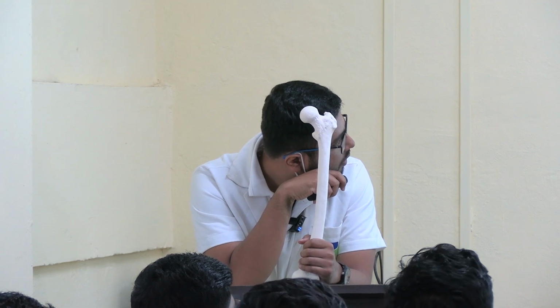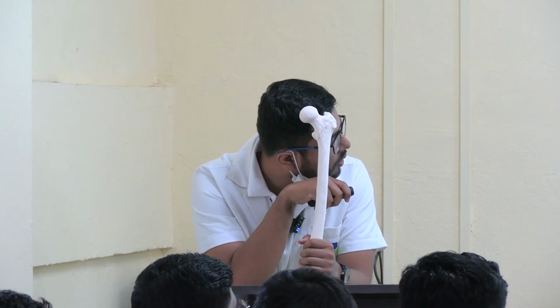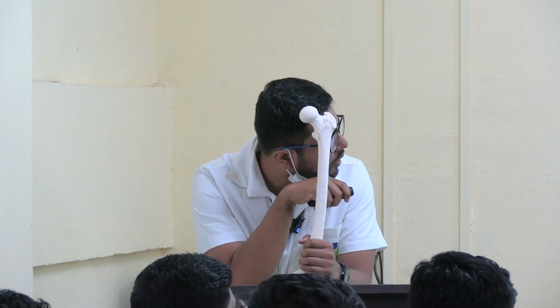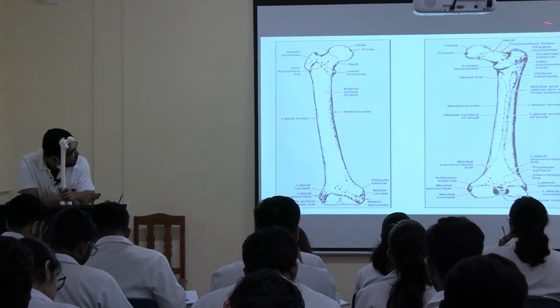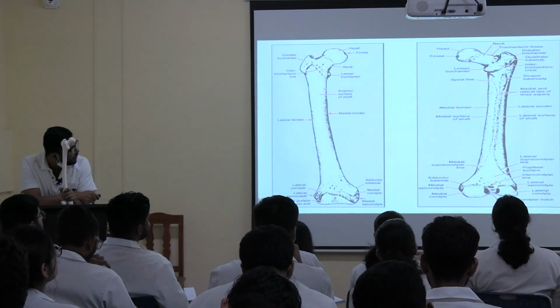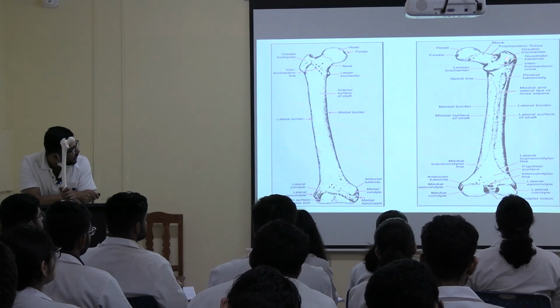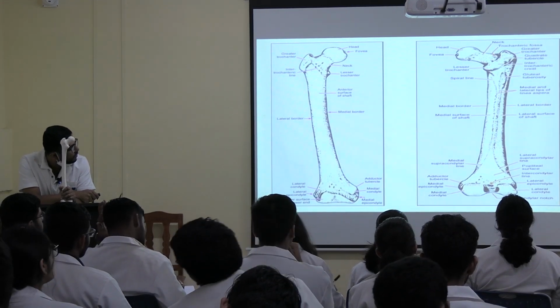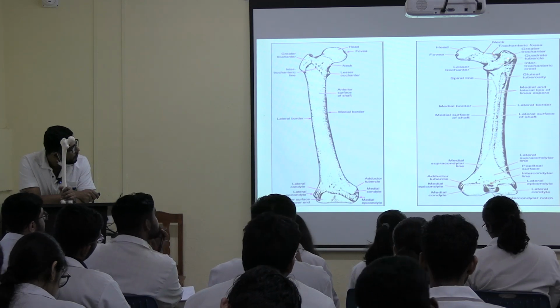This intertrochanteric line goes to the medial side, comes out on the medial side on the posterior aspect and continues as the spiral line. In the posterior aspect also, this is the greater trochanter, this is the lesser trochanter. There is a part joining the greater and lesser trochanter, but it is a prominent part of bone.